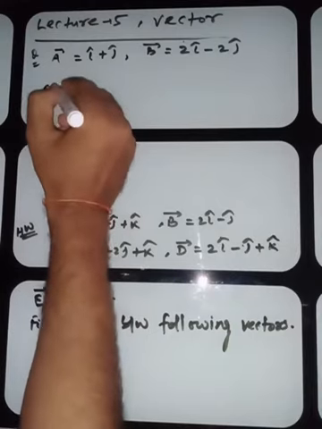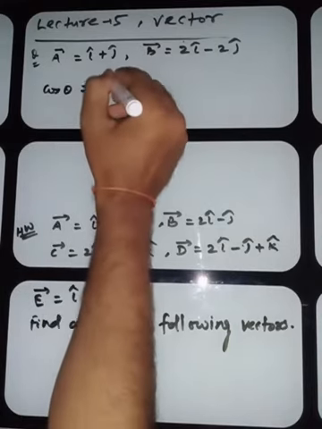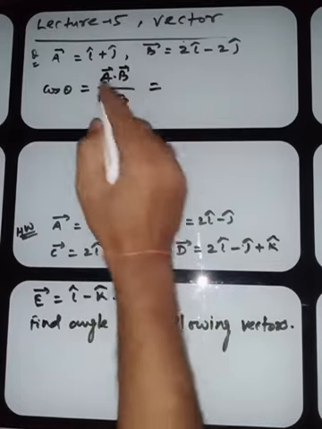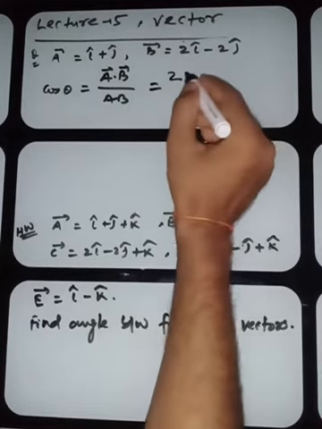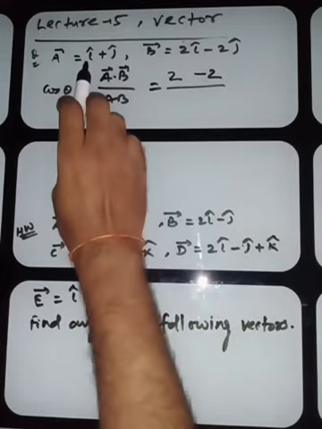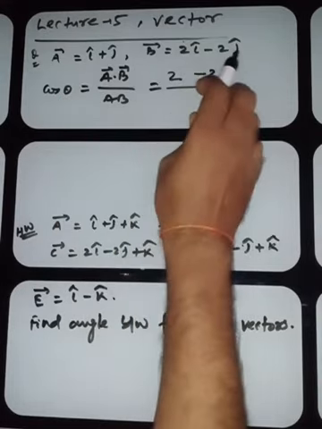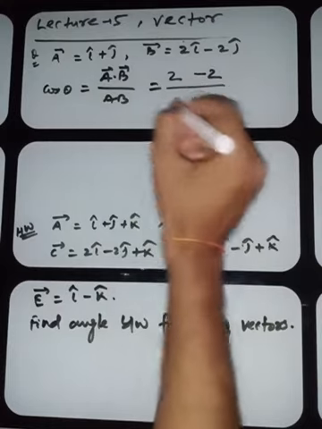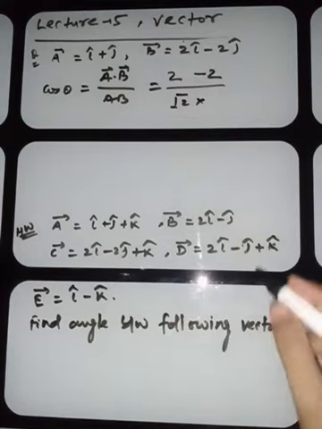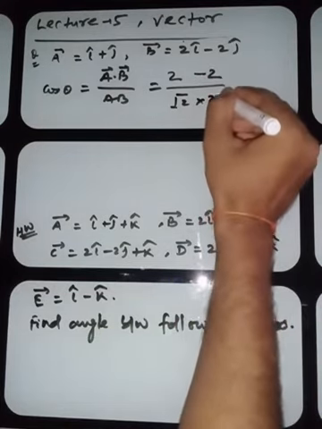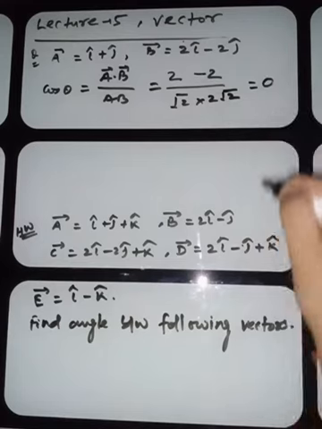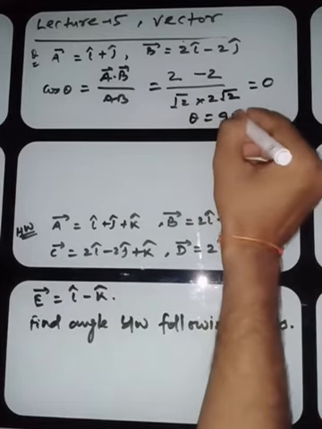So cos theta will be a dot b divided by magnitude a times magnitude b, and a dot b is 2 minus 2, divided by magnitude root 2 into root 8, that is 2 root 2. Whatever may be, this is 0, so theta is again 90 degree.